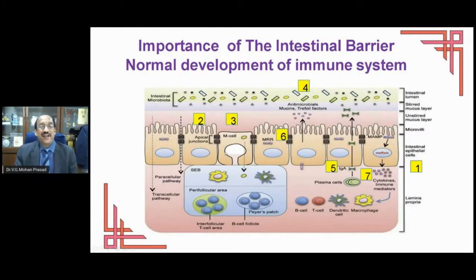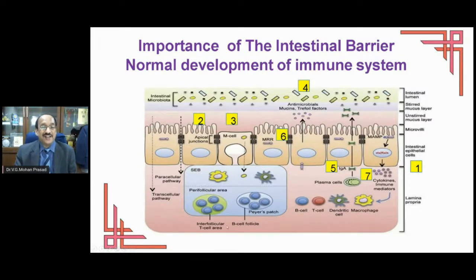The M cells take up these bacteria or their products and present them to the lymphoid follicle area where the M cells are. They present to the innate cells, the B cells and the T cells. These are the follicular B cells, follicular T cells, and follicular dendritic cells. The bacteria and the products are presented to these cells.